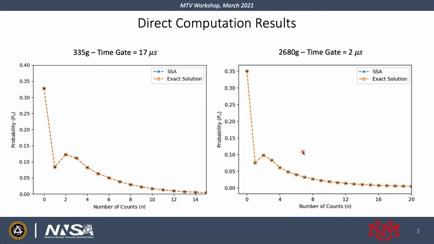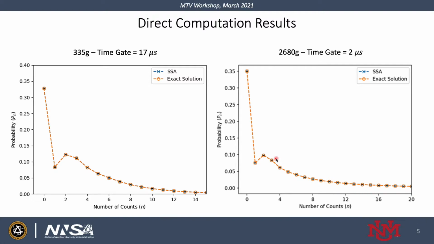On the right is the same type of plot, but for a 2680 gram source simulated over a 2 microsecond time gate. We also see excellent agreement with SSA here, where the standard deviation is again approximately 1% at the peak, and it goes up to about 5% at the tail.